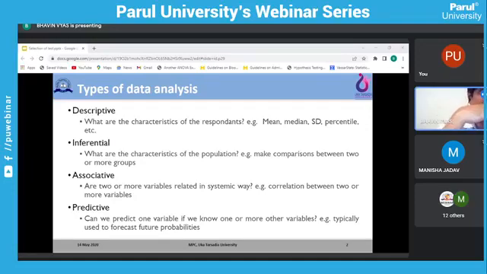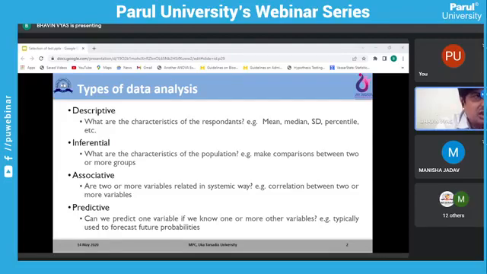The second most important that we do in pharmacy is known as inferential data analysis, where after collecting data, we will be inferring something, will be drawing a conclusion. In case of descriptive analysis, we are not drawing a conclusion.